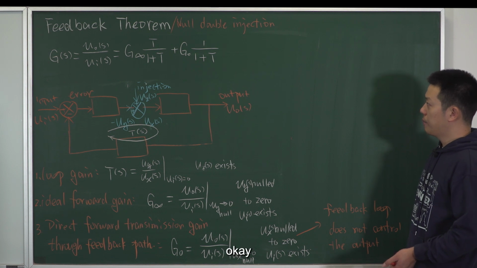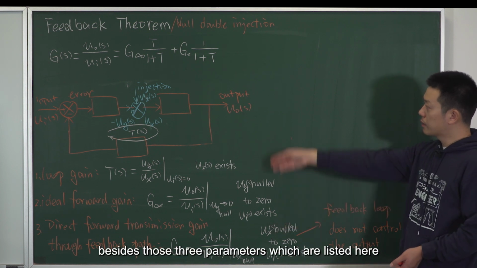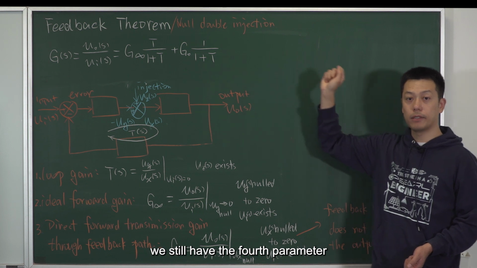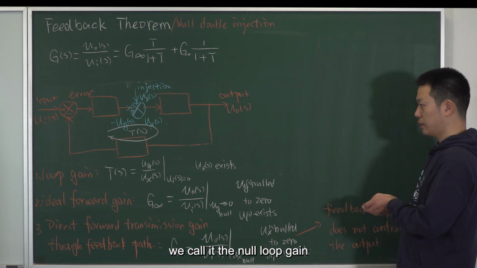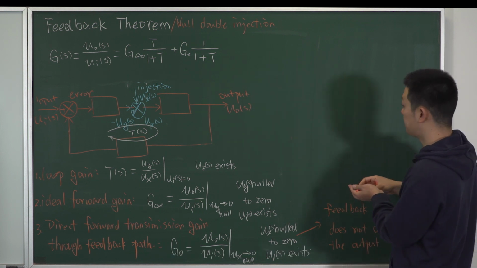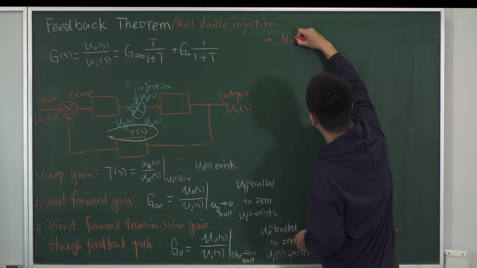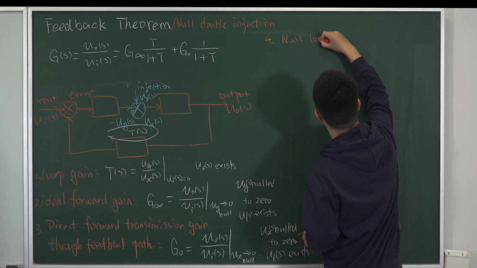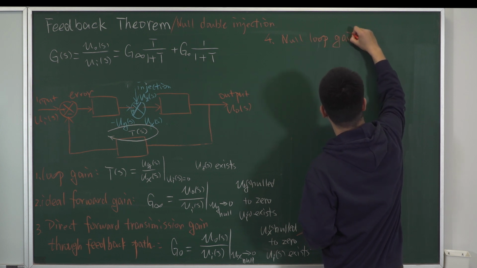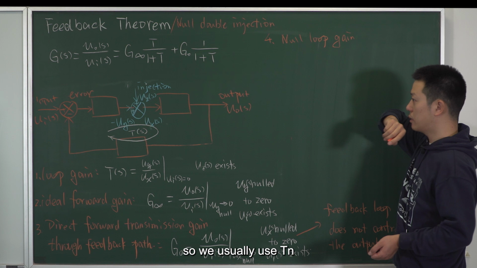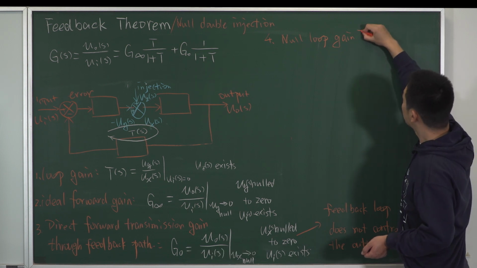Okay, and besides those 3 parameters which are listed here, we still have the 4th parameter. We call it the null loop gain. So we usually use Tn.